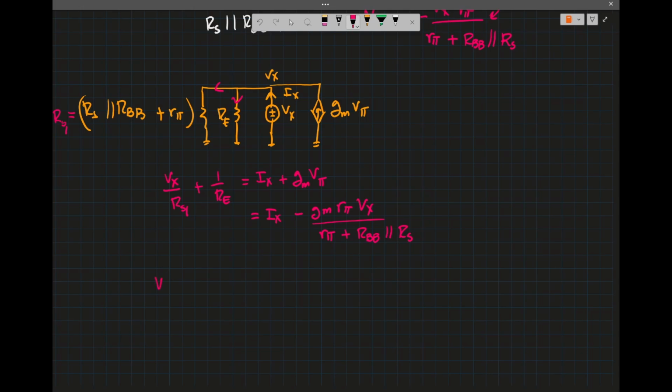So we have Vx over RS1, which is RS parallel RBB plus R pi, plus 1 over RE, plus beta Vx over R pi plus RBB parallel RS.